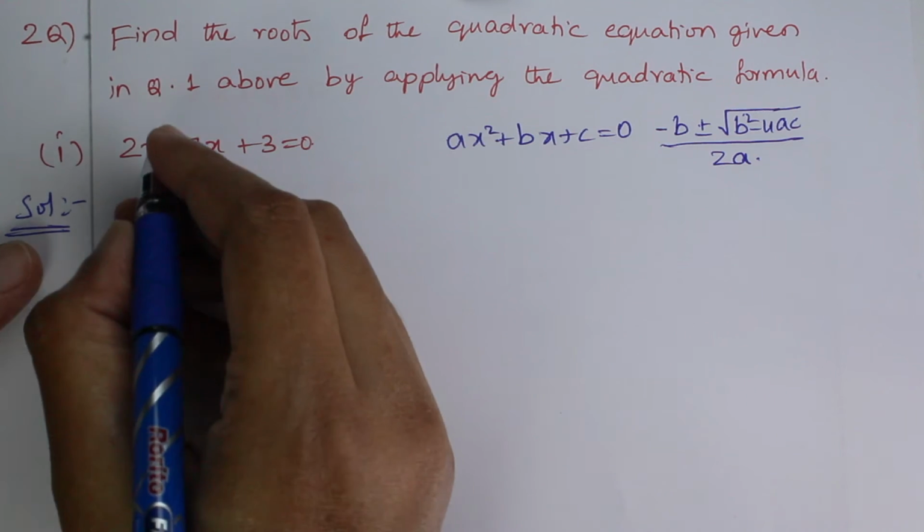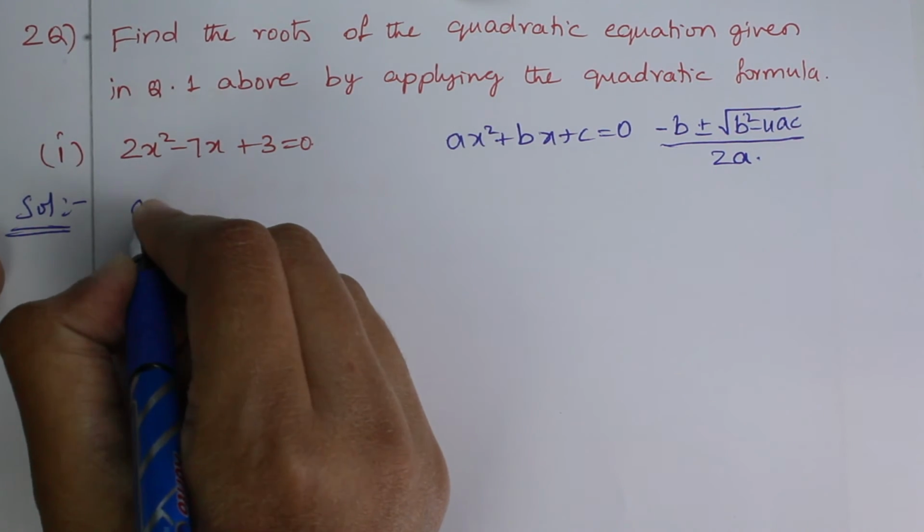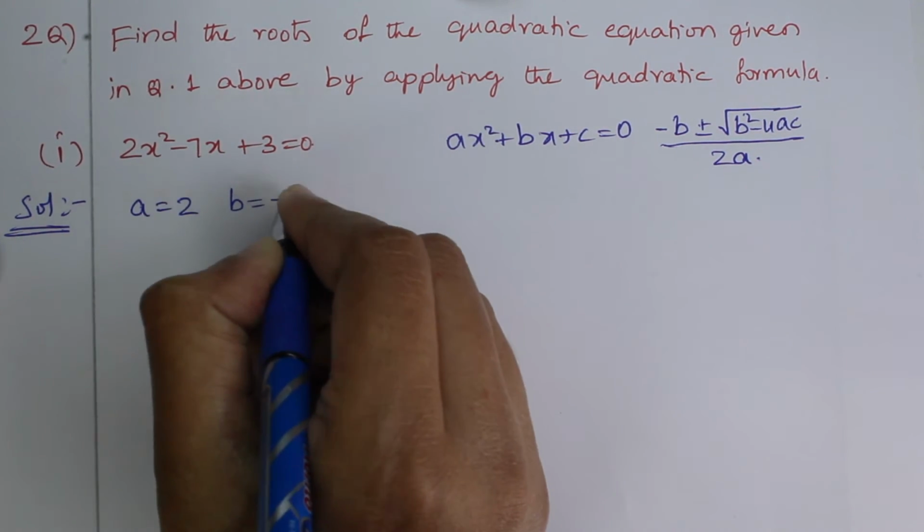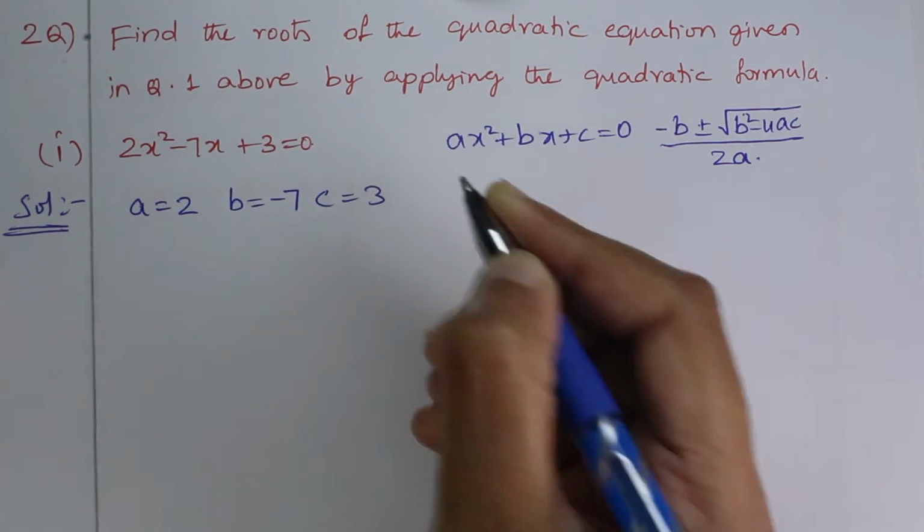So now let's calculate the values. Here in this equation a is equal to 2, b is equal to minus 7, c is equal to 3.